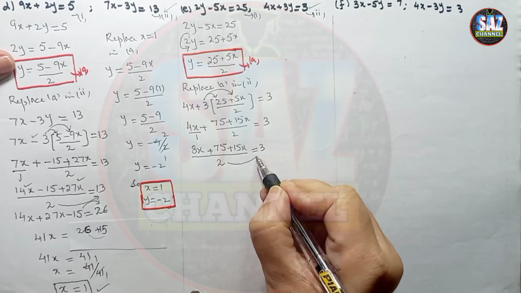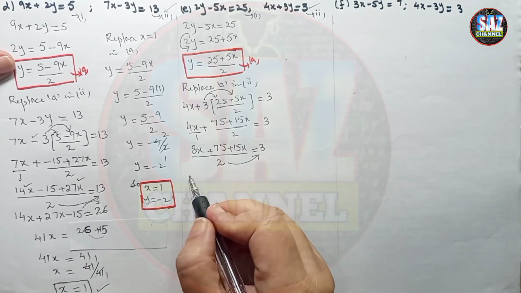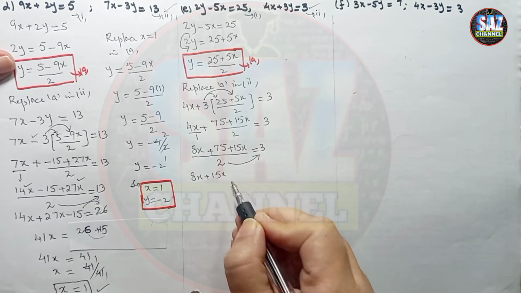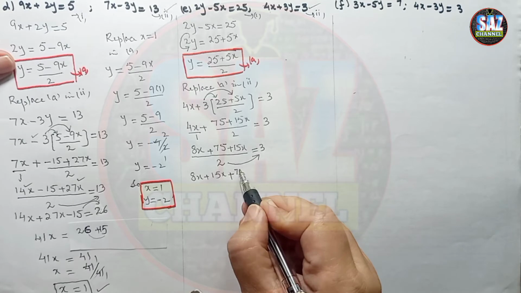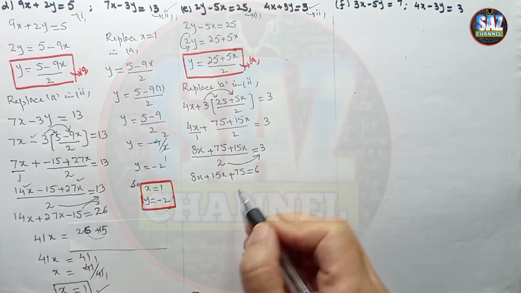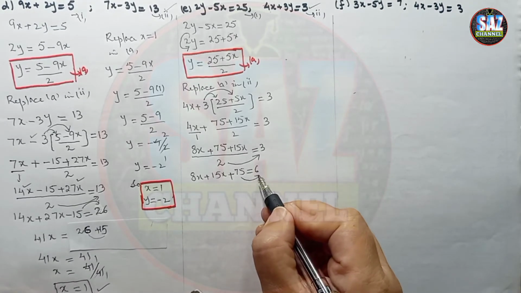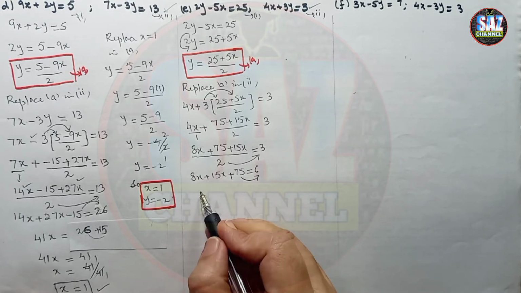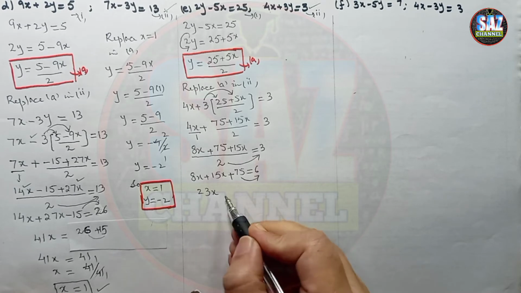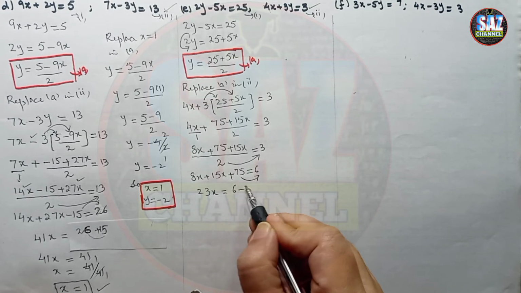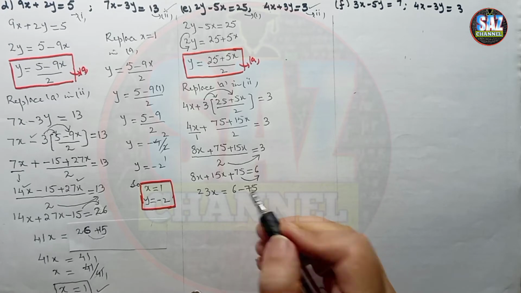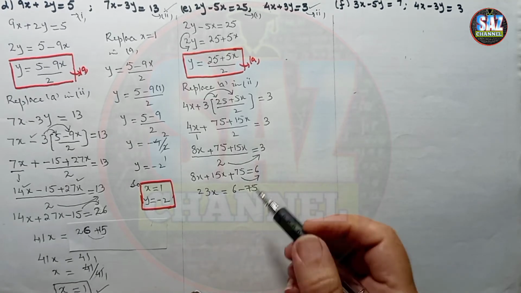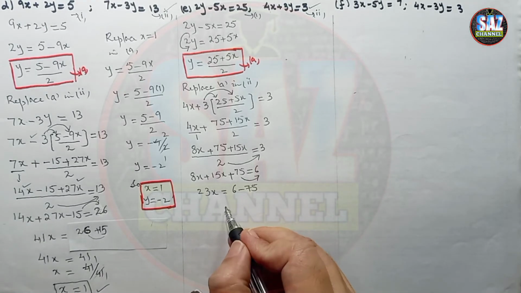Shift 2 to the other side, so the equation will take the form 8x plus 15x plus 75 equals 6. Shift 75 to the other side, and 8 plus 15 is 23, so 23x equals 6 minus 75, and take away 75 from 6. 6 minus 75 will give me 69 with negative sign.